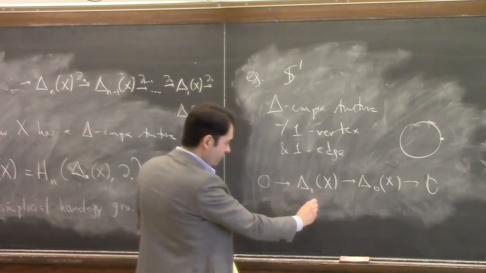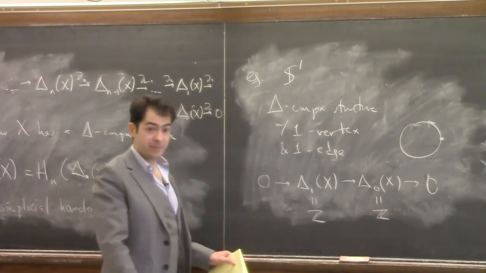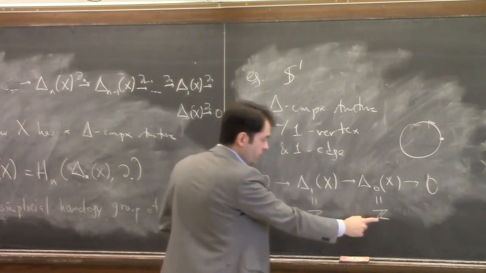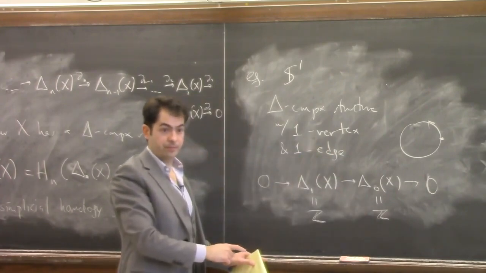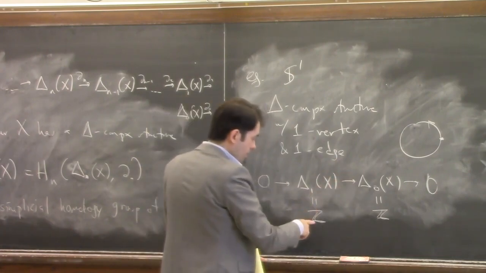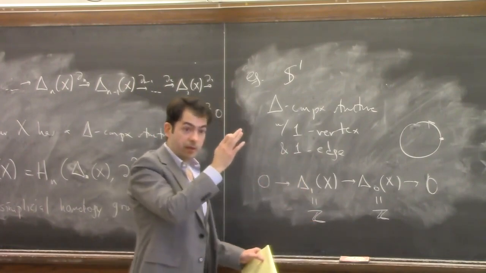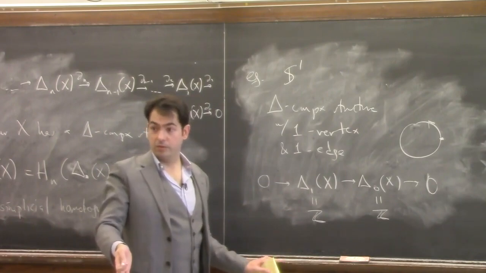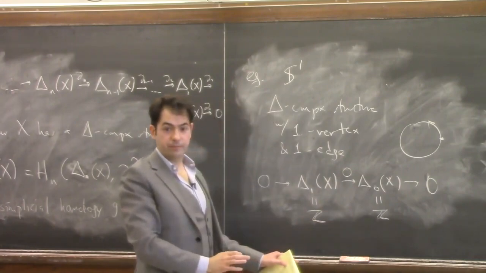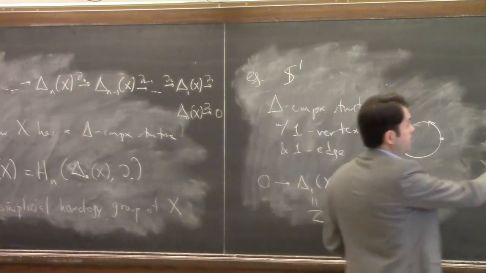Whereas this is the abelian group Z, and this is the abelian group Z. Just a copy of the integers, with generator the edge, and this one with generator the vertex. So the boundary is going to be the ending vertex minus the beginning vertex, but there's only one vertex, so the boundary map is just 0. So all of the boundary maps are 0.